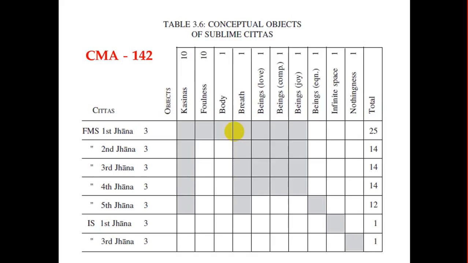When you attain the first rupa jhana based on the 10 kasinas, you practice one of the 10 kasinas, and also Asubha Bhavana, and the body meditation method, that means Kayanupassana, contemplating on the body, and also breathing meditation, and metta meditation.